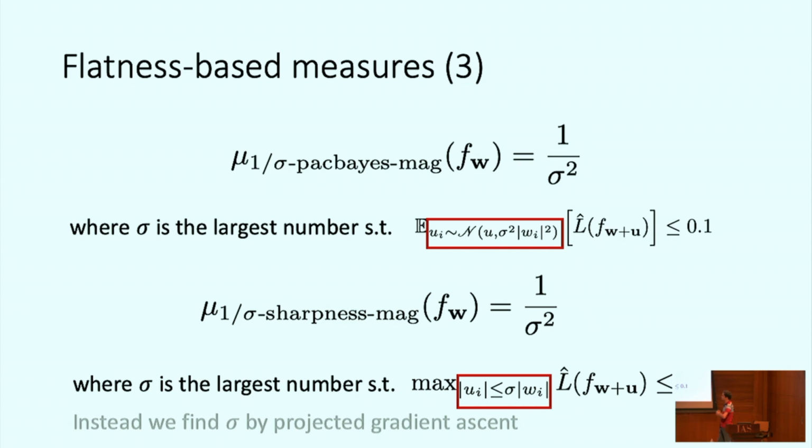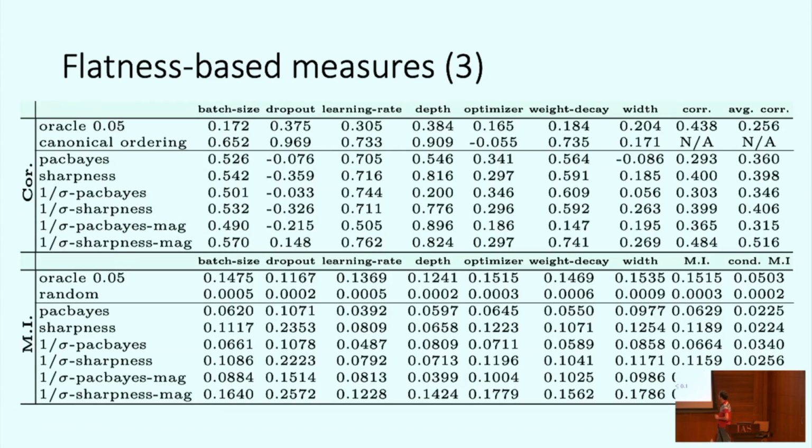Now we are so far from having any reasonable generalization bound, because this is not anything close to a generalization bound. And now we saw something really interesting. In the case of worst-case sharpness, we got a very good conditional mutual information, and we have positive correlation with all hyperparameters.